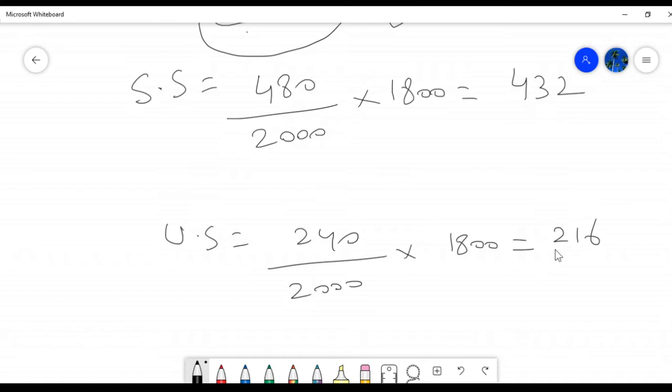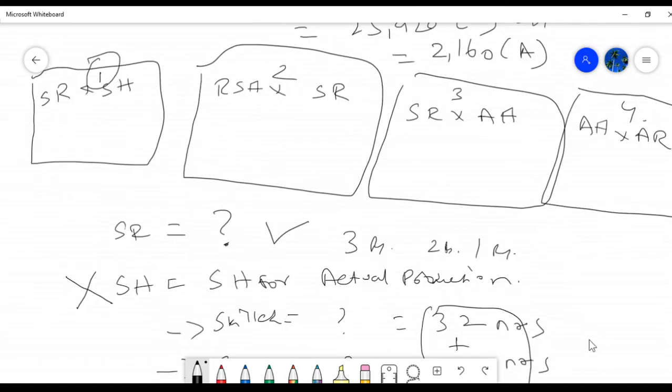I identified it. So what should I do now? 1152, that is skilled. Then semi-skilled is how much? Just now we identified it: 432.